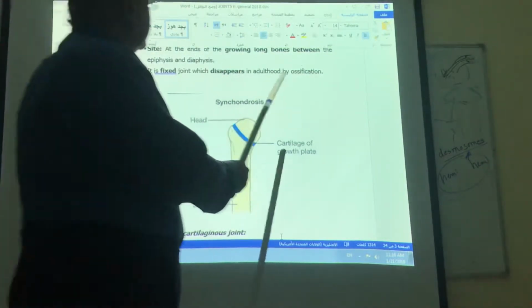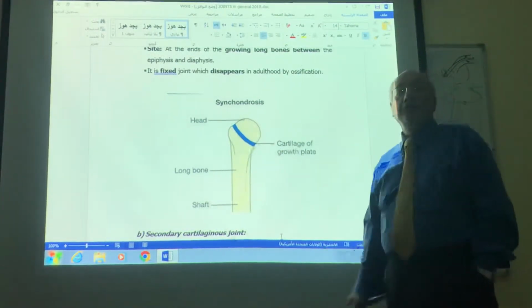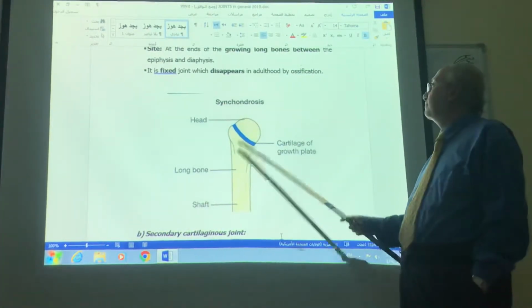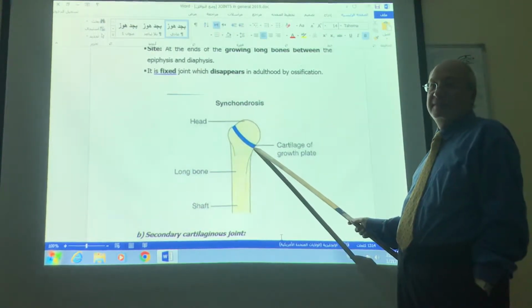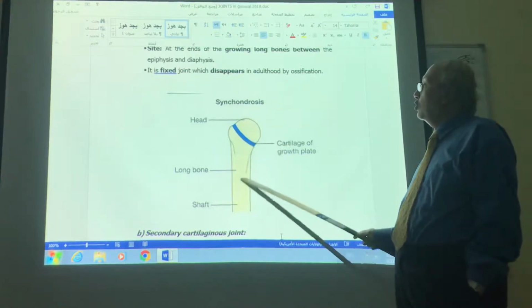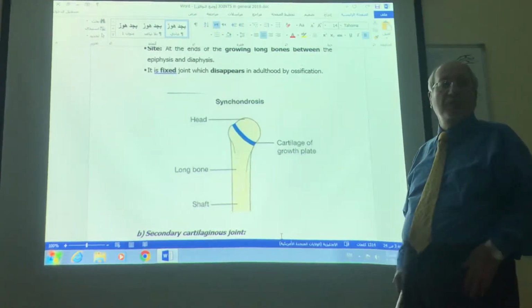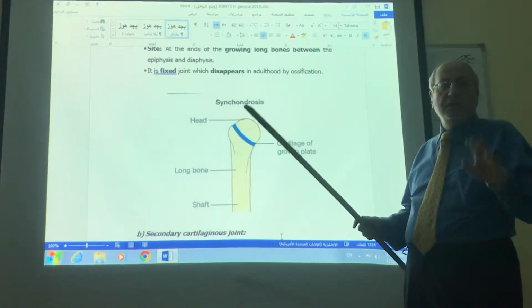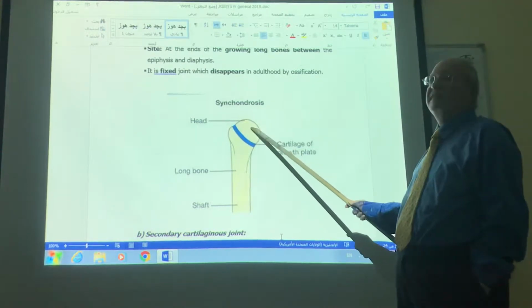This is a primary cartilaginous joint, which is the epiphyseal cartilage. In any long bone, as humerus, tibia, fibula, femur, any long bone, the end of the bone is called epiphysis.